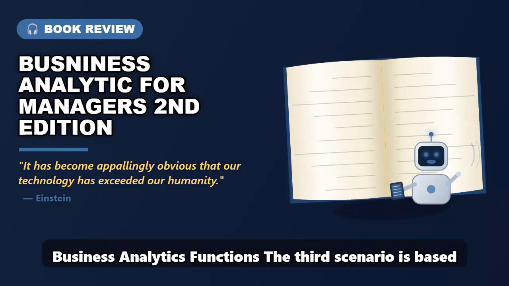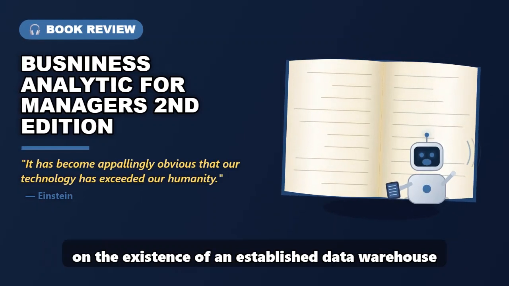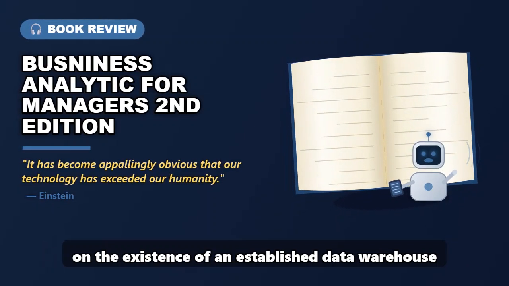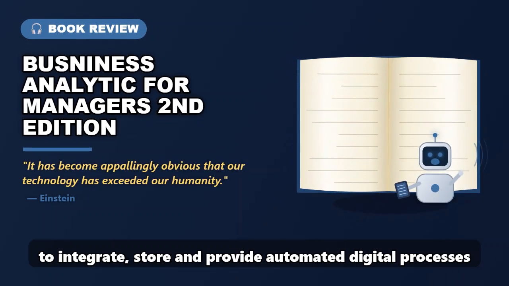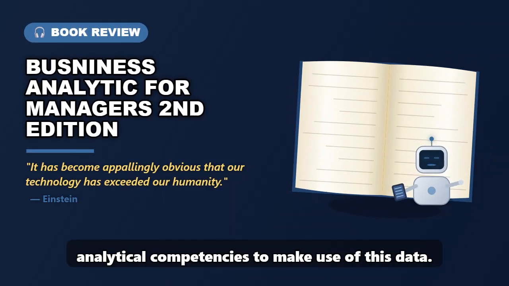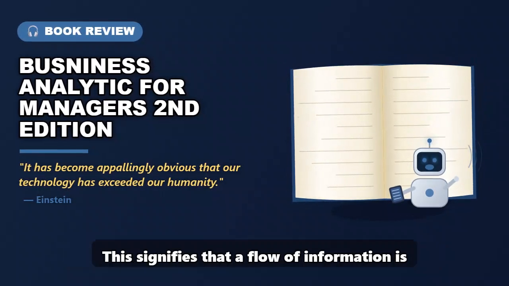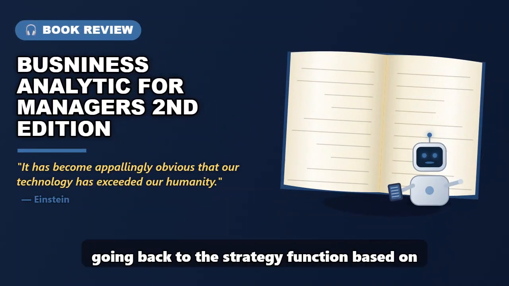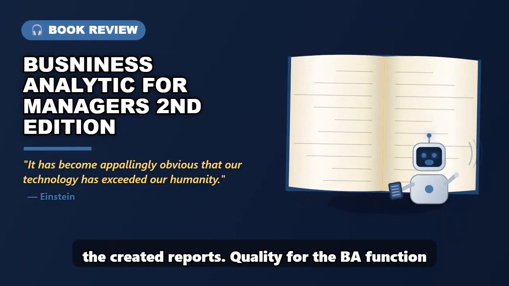Scenario 3, dialogue between the strategy and the business analytics functions. The third scenario is based on the existence of an established data warehouse to integrate, store and provide automated digital processes with data, and an established BA function with analytical competencies to make use of this data. This signifies that a flow of information is going back to the strategy function based on the created reports.